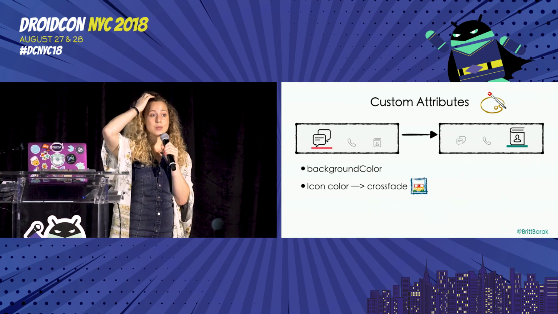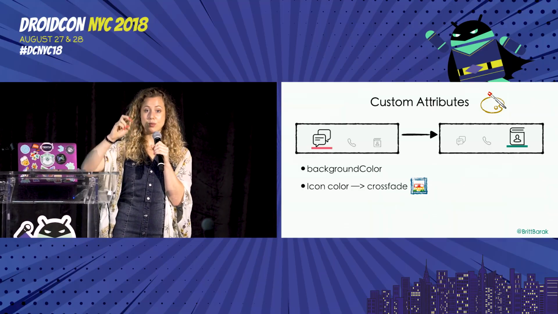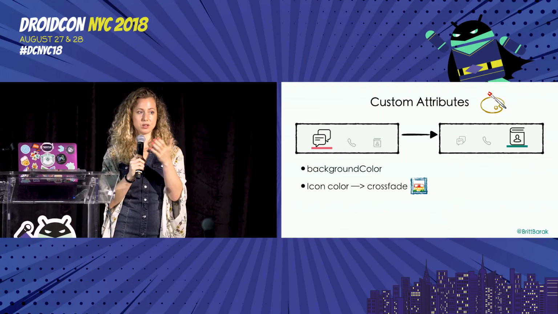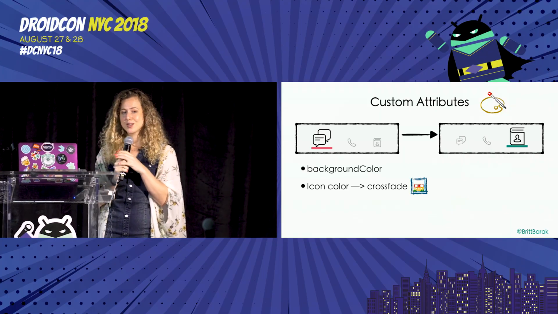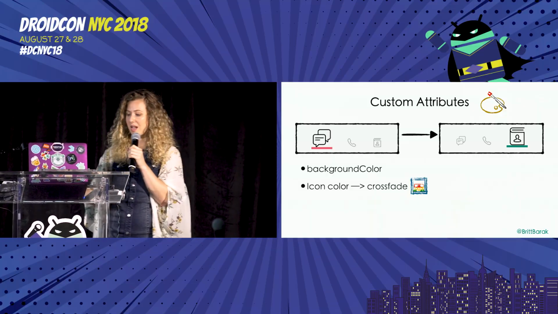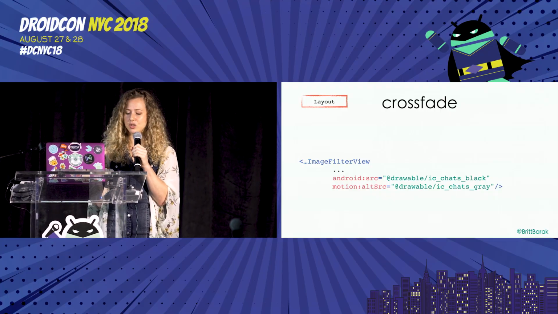What I did here, because you cannot tint yet, we cannot use a custom attribute of type drawable, or of a color list, so you cannot tint them. So what I just did is I used the crossfade attribute. Basically, how you do it, once again, is extremely simple.